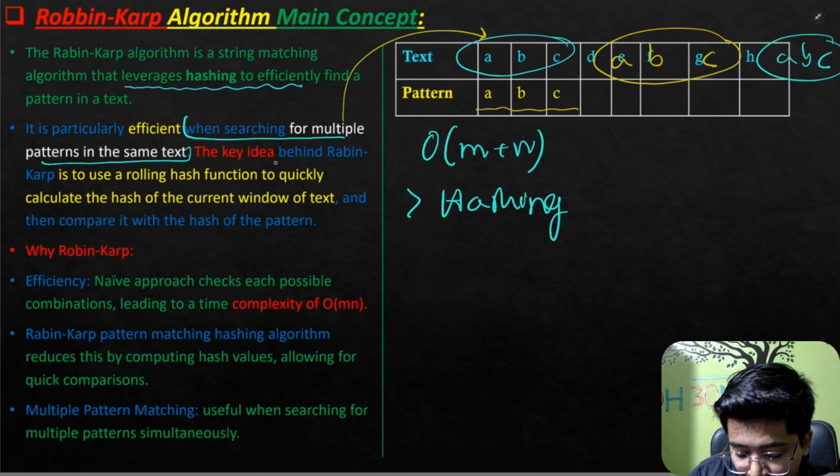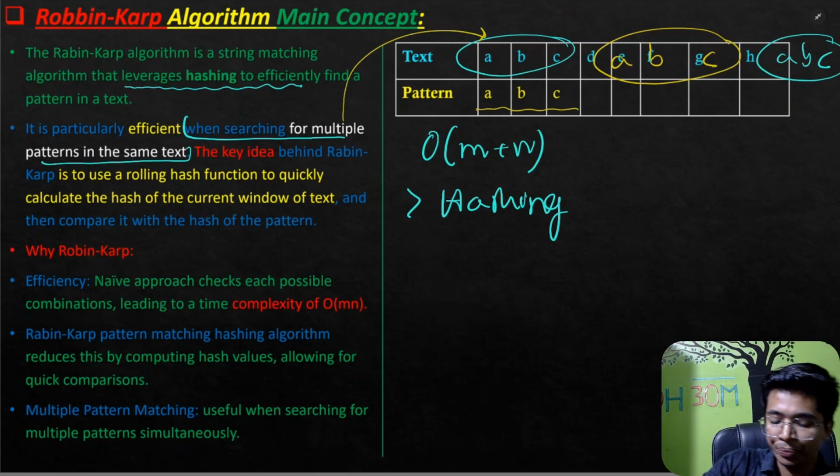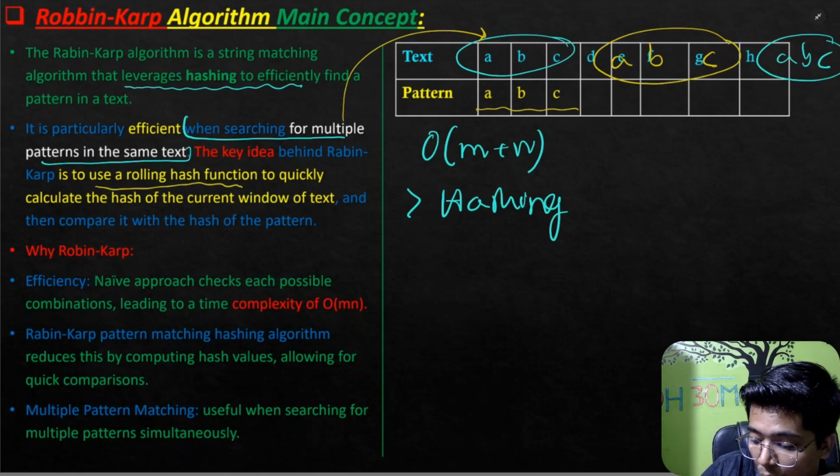The key idea behind Rabin-Karp is to use a rolling hash function to quickly calculate the hash of the current window of text and then compare it with the hash of the pattern. Look, the second important thing to notice here is that the key idea is to use the rolling hash function.